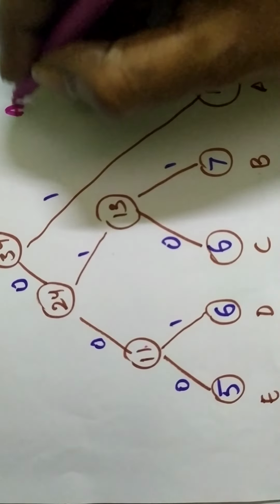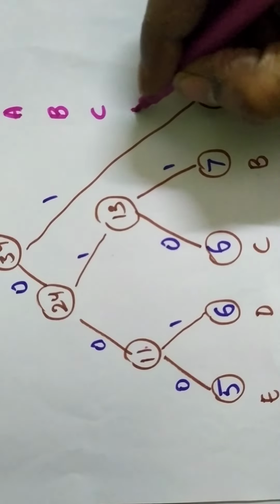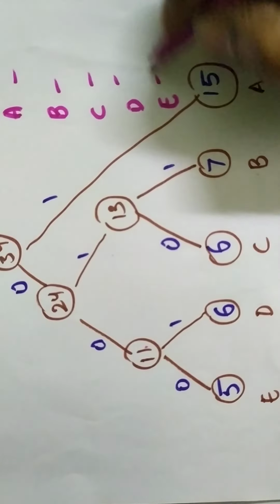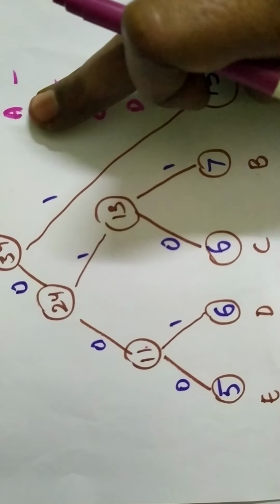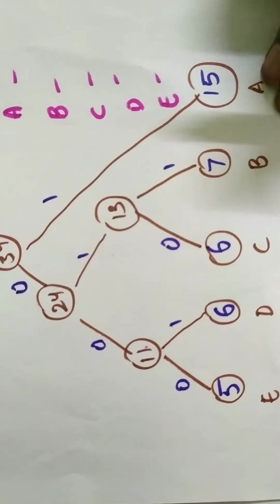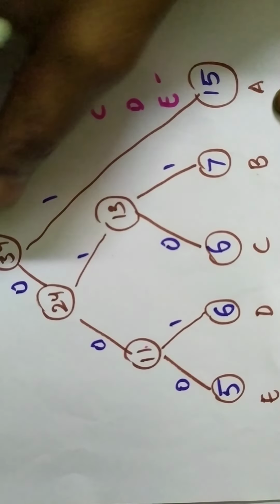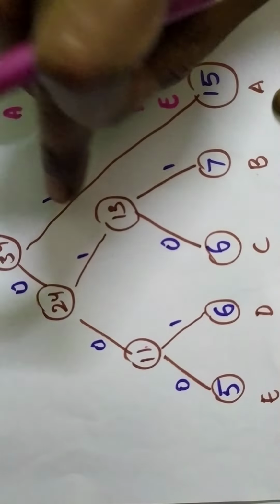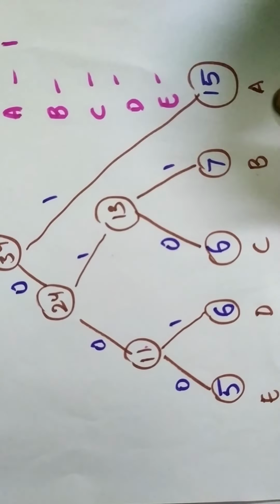We have symbols like A, B, C, D, E. So from this tree, how to reach the A node? Starting from the root node, there is only one path to reach the A node. This path value is 1.